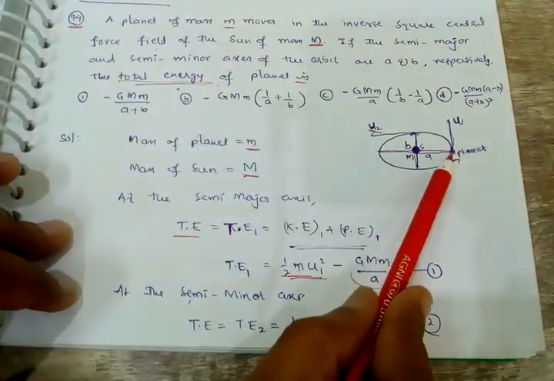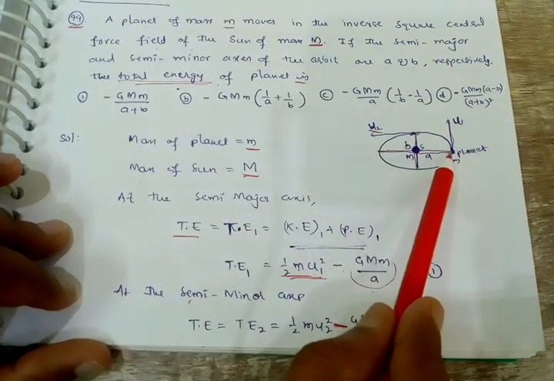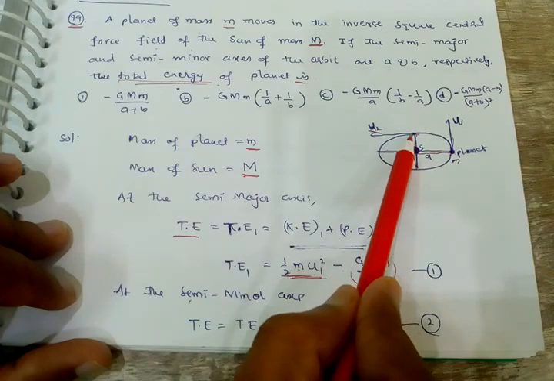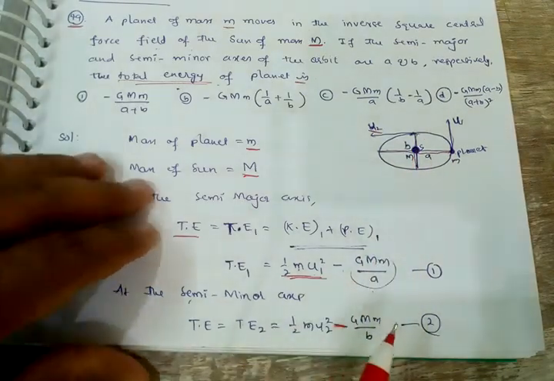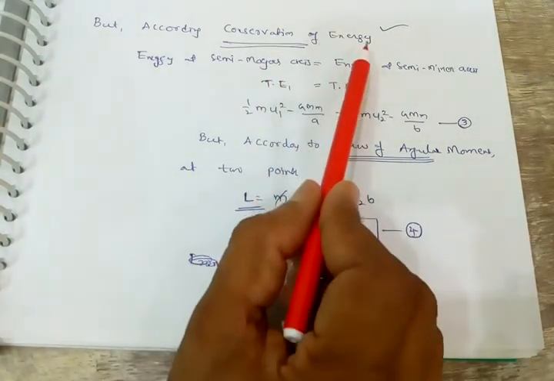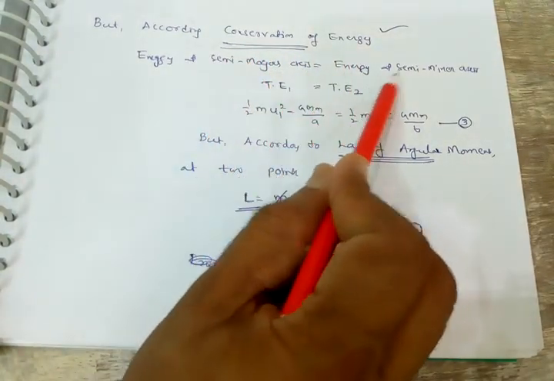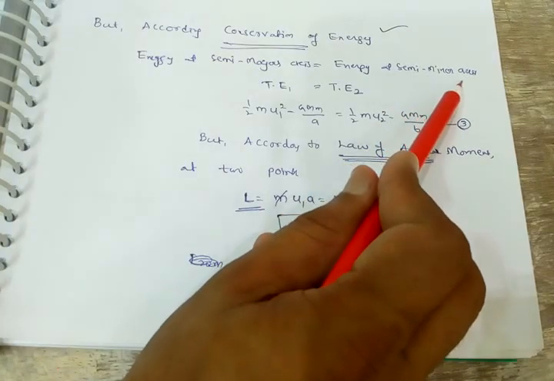At the two places we have got the total energy. But according to conservation of energy, the energy at the semi-major axis equals the energy at the semi-minor axis.